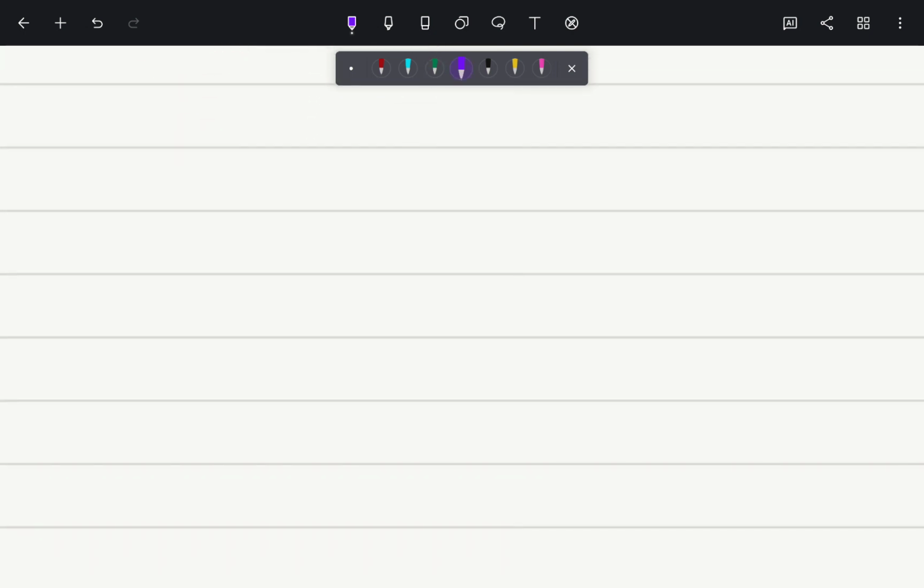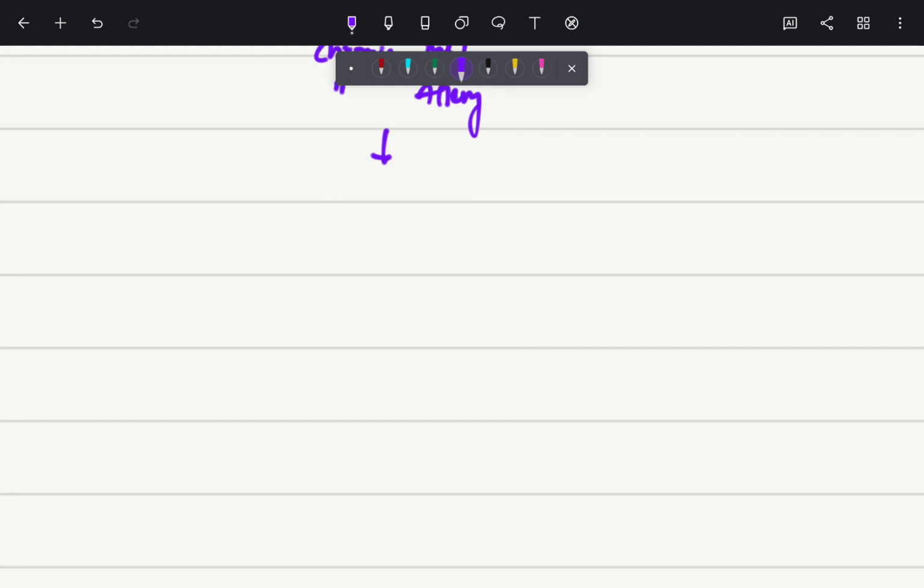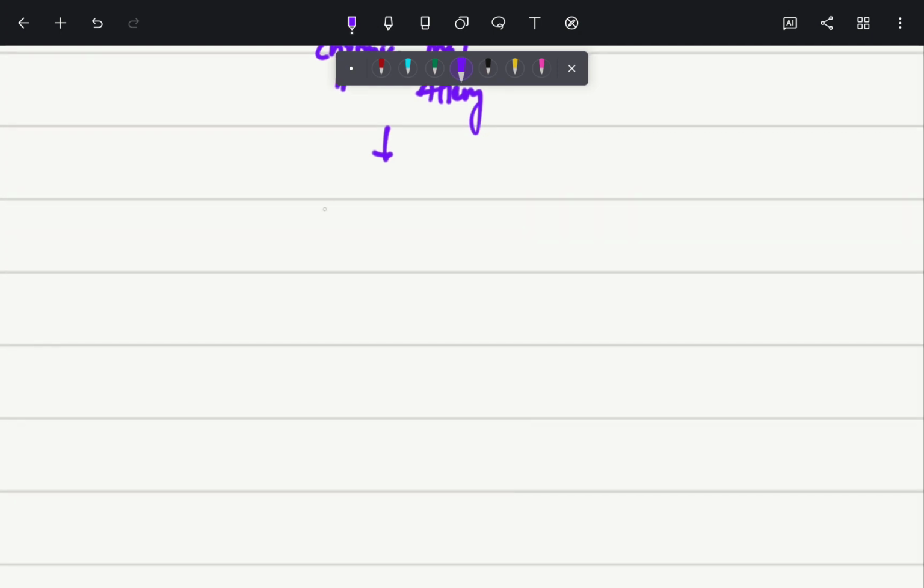Now what happens in this patient is there is chronic infection or chronic allergy, due to which the patients will have increased inflammation, which will lead to increased edema formation.